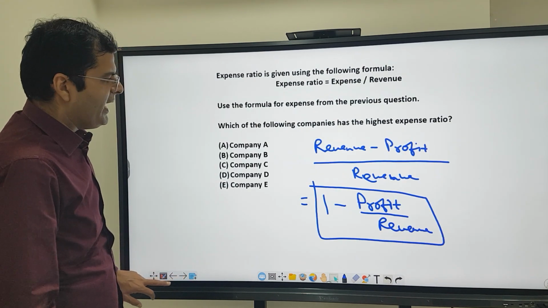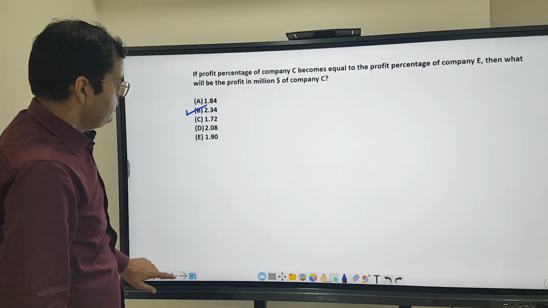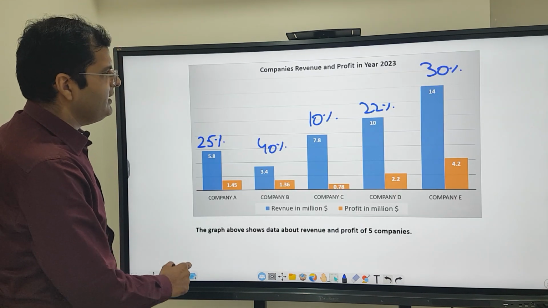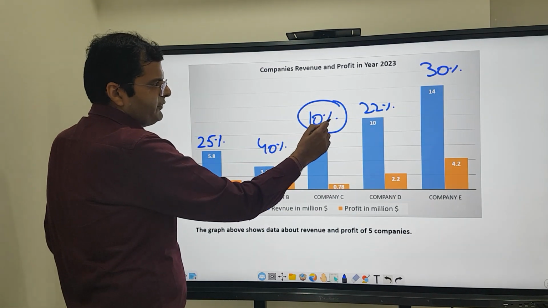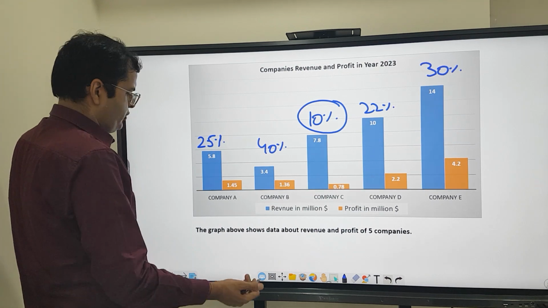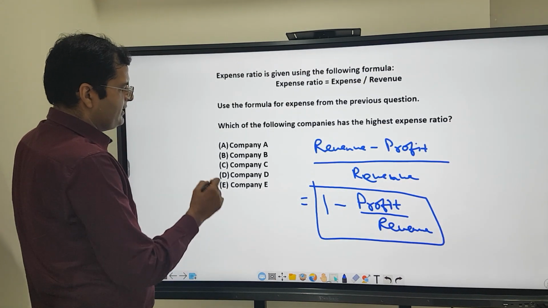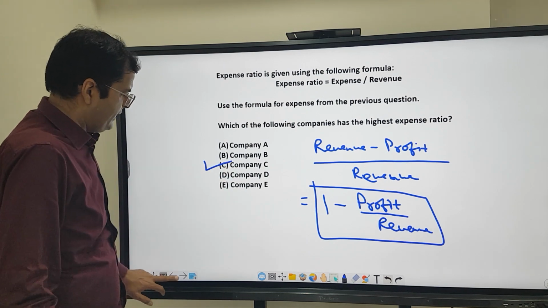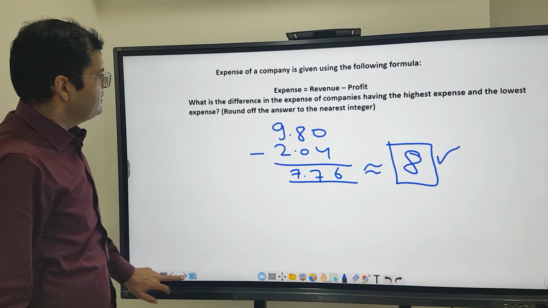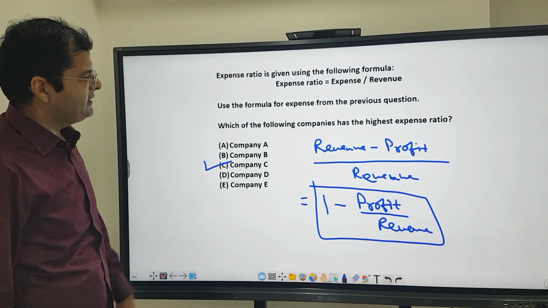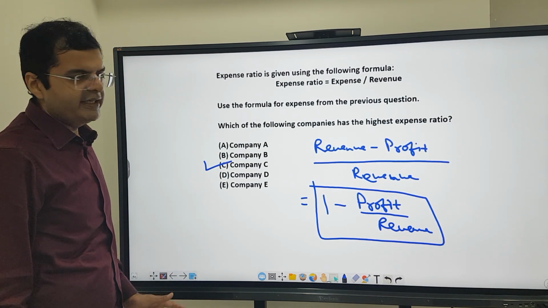So the company having the lowest profit percentage will have the highest expense ratio. Looking at the options, the company with the lowest profit percentage, which is 10%, has the highest expense ratio, because expense ratio is 1 minus profit percentage. So company C is the correct answer, because company C has the lowest profit percentage, thus it will have the highest expense ratio. Alright, so this is how you solve this set on data interpretation.